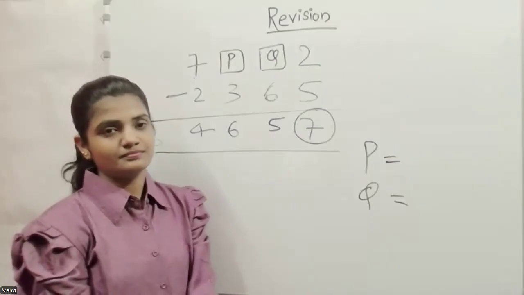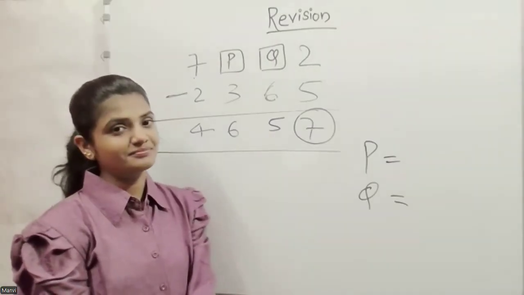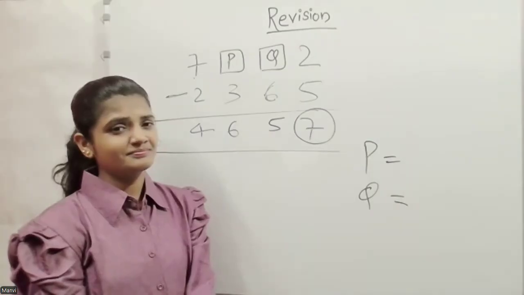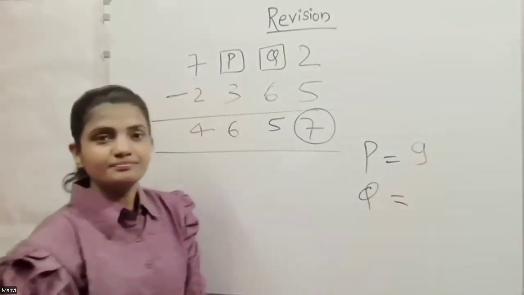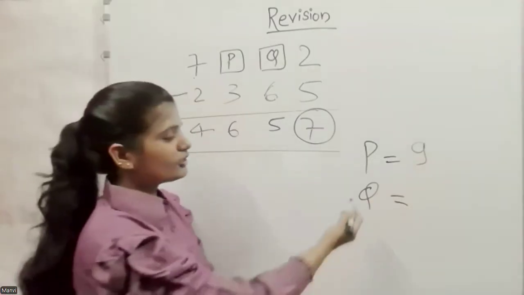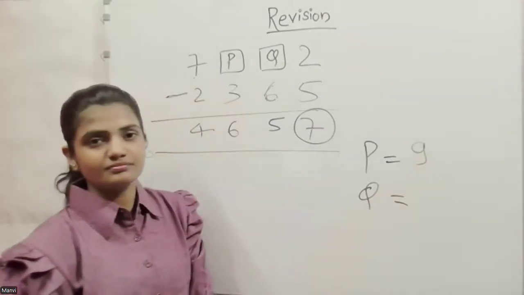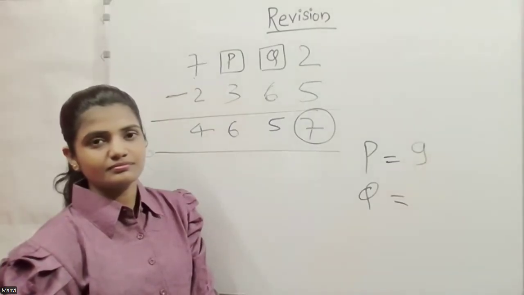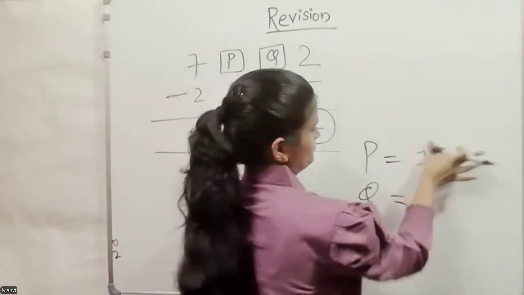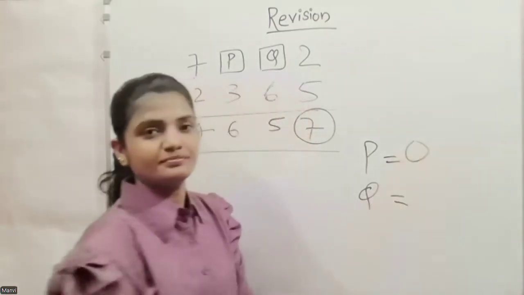May I explain? Is it 9 at P? So according to you, the value of P is 9. Yes. But what about Q? No, I don't think so. It's 0. Okay, it's 0.